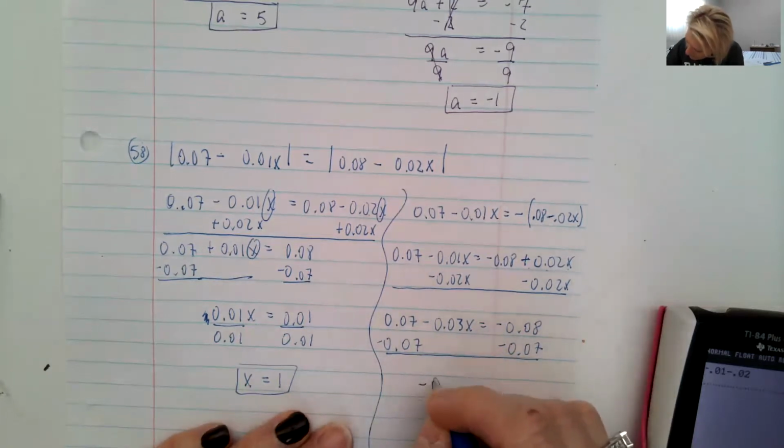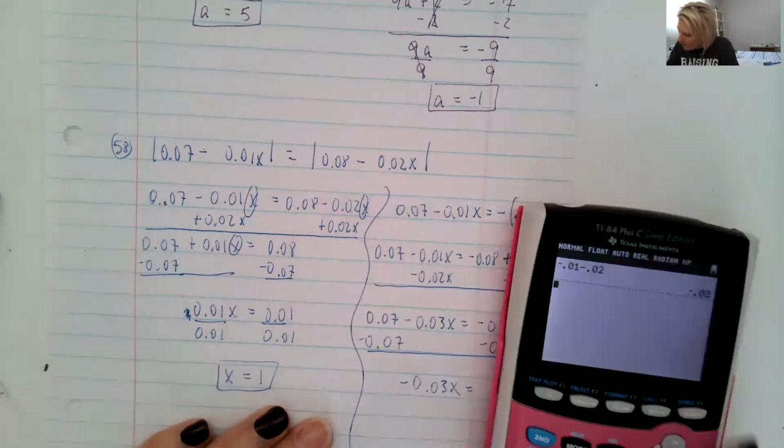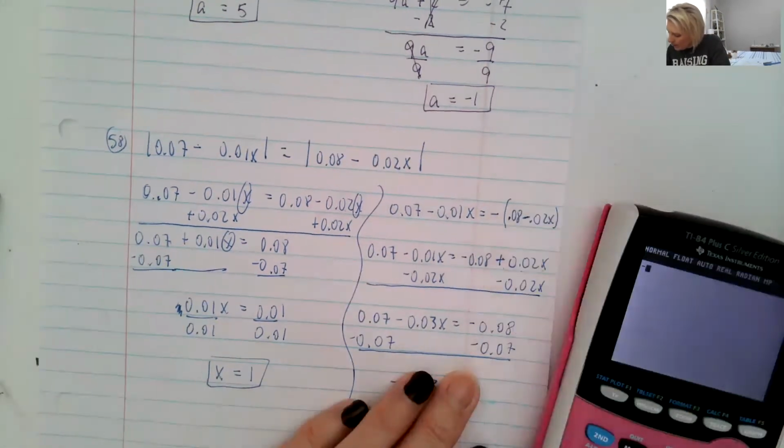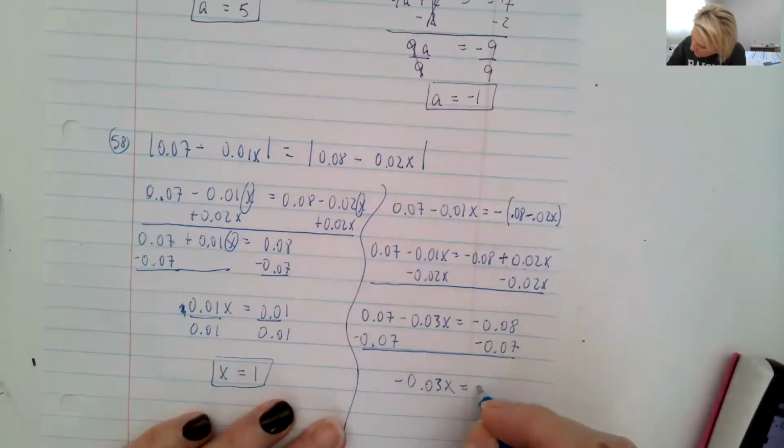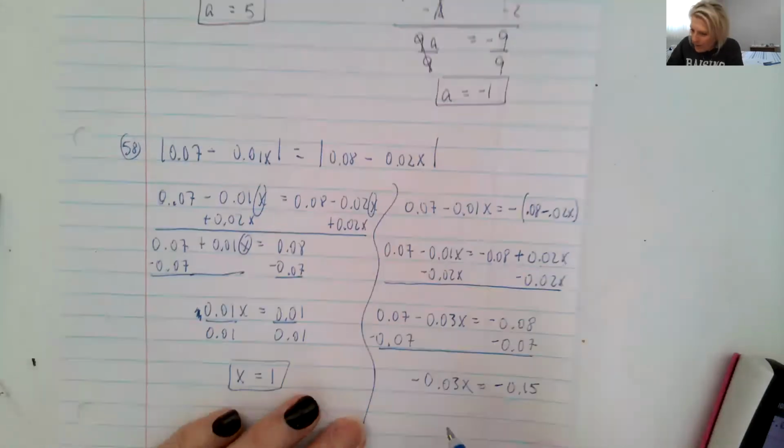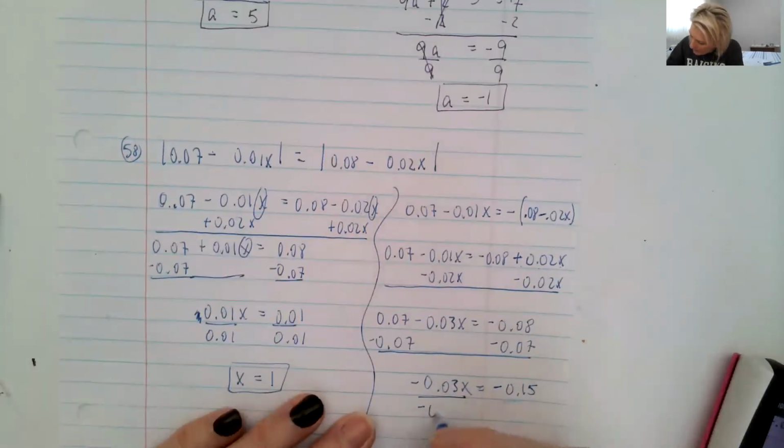So we have negative 0.03x equals, combine them again, negative 0.08 minus 0.07 is a negative 0.15. Negative 0.15. And then we're going to divide both sides by negative 0.03.